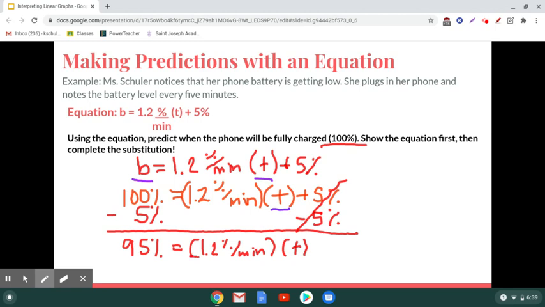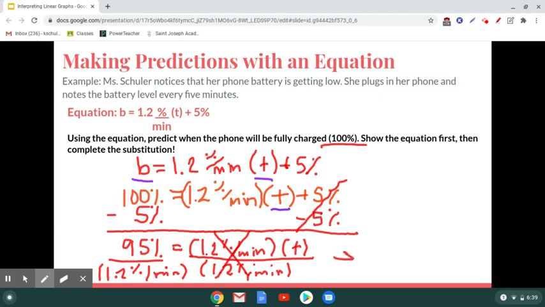So I'm going to divide both sides by 1.2% per minute. This cancels out, and I have 95 divided by 1.2.